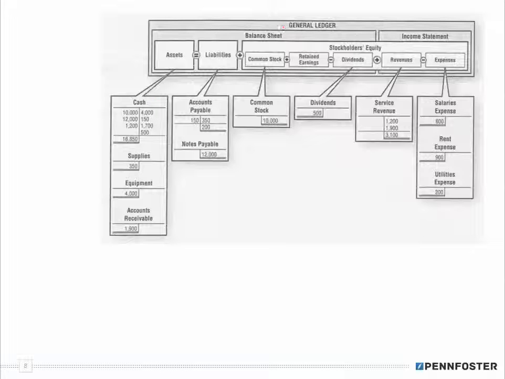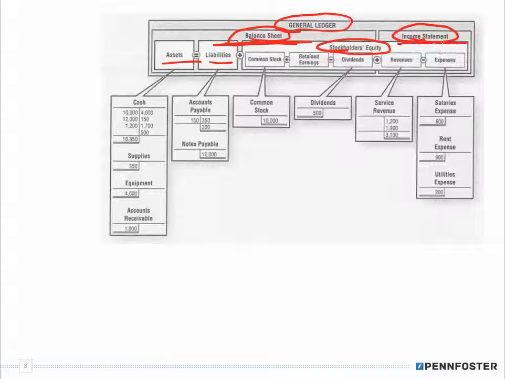So as we move on here, this is my general ledger, and it's showing the balance sheet and the income statement. If you recall from my introductory videos and my theory videos, I showed assets equals liabilities plus equity, all on the balance sheet here.